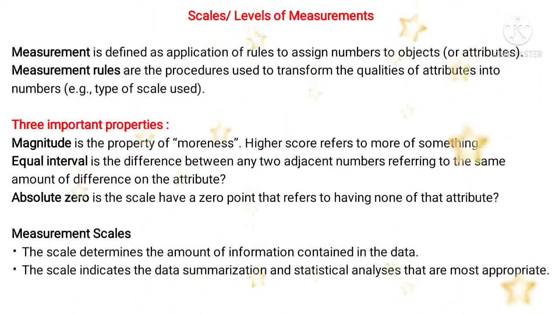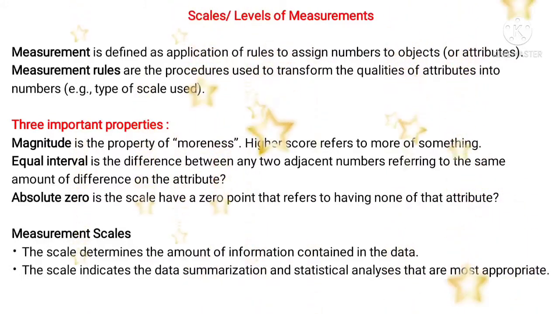Next, we are going to see scales, levels of measurement: how to measure those objects. Measurement has rules and procedures used to transform the qualities of attributes into numbers. Three important properties are magnitude, equal interval, and absolute zero.